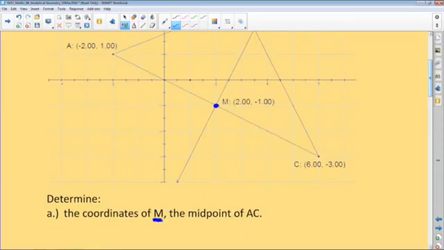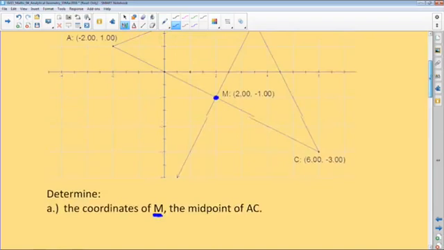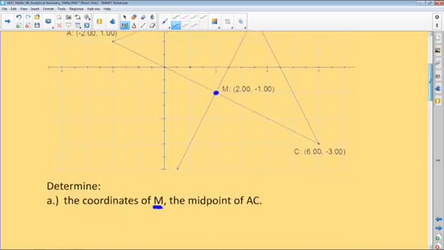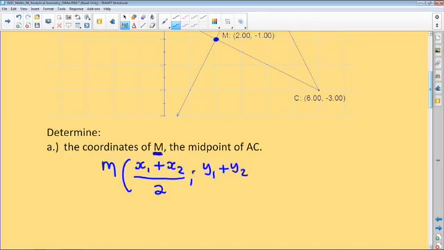But let's work out what your coordinates of M can be. So the midpoint of AC, we said that point is halfway through. So your midpoint M is given by X1 plus X2 divided by 2, Y1 plus Y2 all over 2.